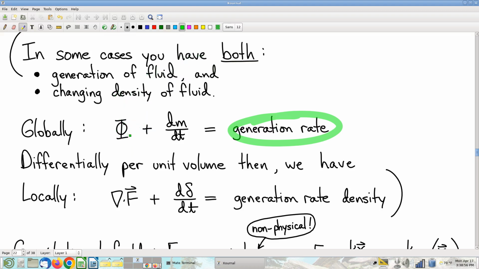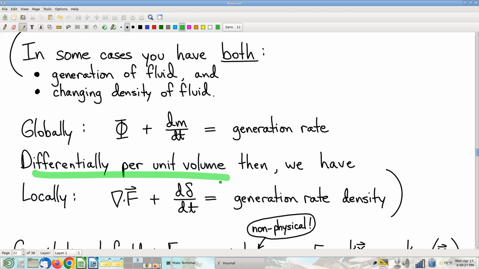On the other hand, there is another possibility. As I generate fluid, it might not be leaving my region. And if I'm generating fluid that doesn't leave my region, then I'm increasing the total amount of fluid in the region. So those being the 2 possibilities, all of this generated fluid has got to go to either one or the other of these, and therefore the sum on the left is equal to the quantity on the right.